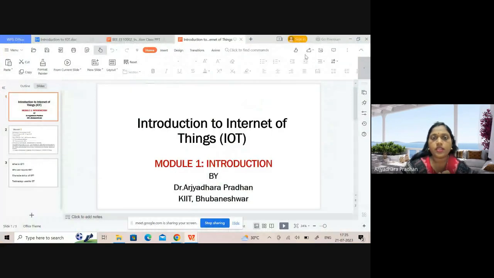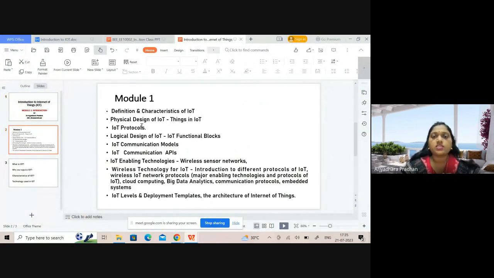Okay, so this is the introduction to Internet of Things. Module 1 is mostly the introductory chapter. In this module, we will be learning about definitions and characteristics of IoT, the physical design of IoT, like things in IoT, different IoT protocols, the logical design of IoT, IoT functional blocks and their various components, different communication models, communication APIs, IoT enabling technologies, wireless sensor networks, wireless technology for IoT, and wireless IoT network protocols.